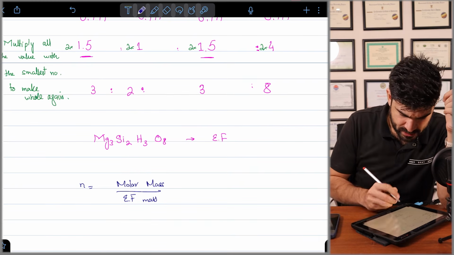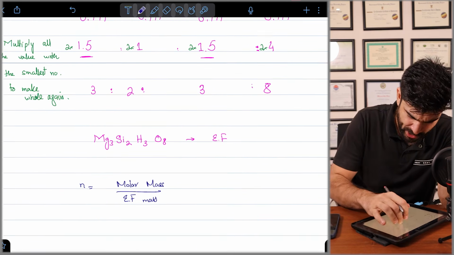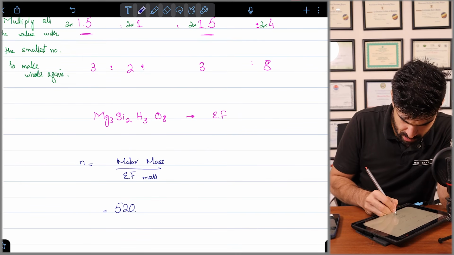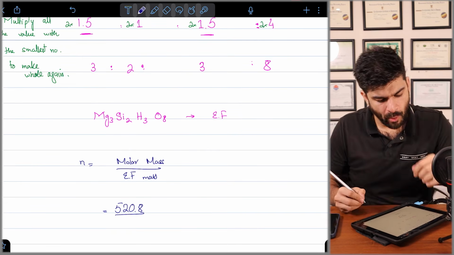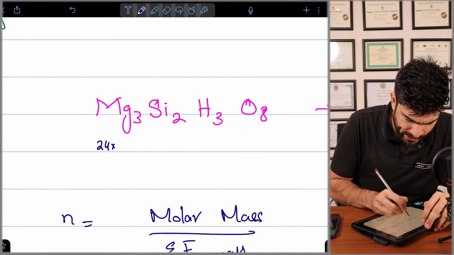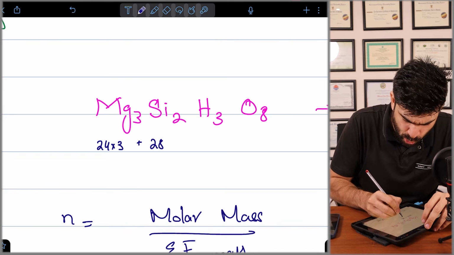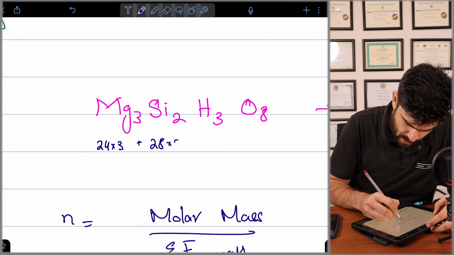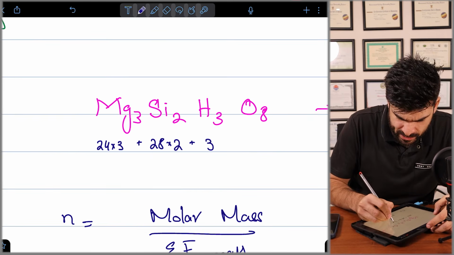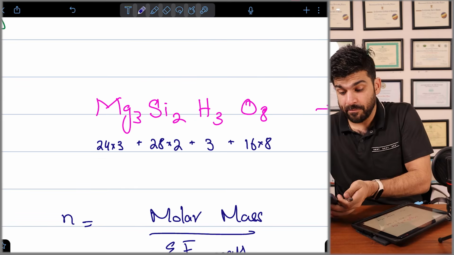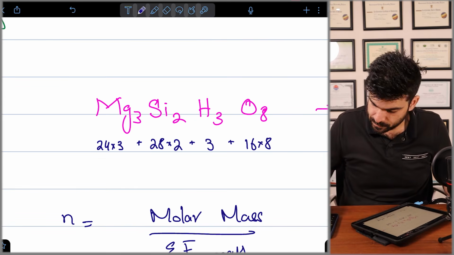Molar mass is 520.8, divided by the empirical formula mass. Let's calculate the values: 24 times 3 plus 28 times 2, plus 3, plus 16 times 8. Let's see what's the mass of the empirical formula.